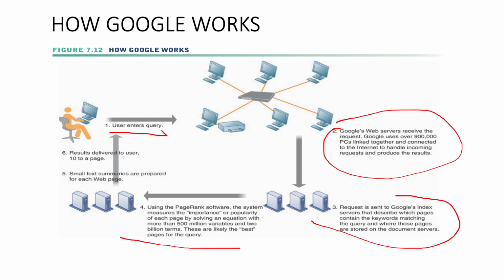Next, using the PageRank software, the system measures the importance or the popularity of each page by solving an equation with more than 500 million variables in 2 billion terms. Next step, so the small text summaries are prepared for each web page, and then the results delivered to the user, 10 to a page.